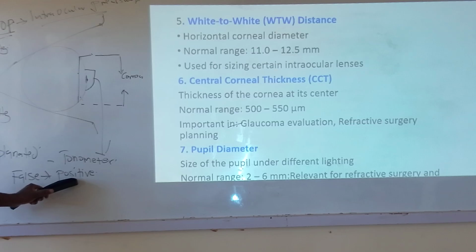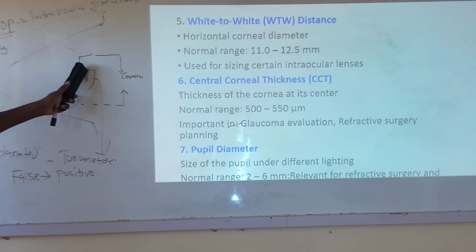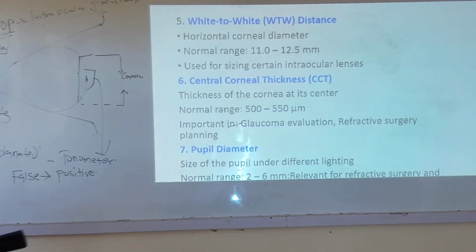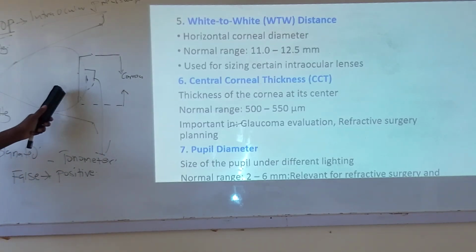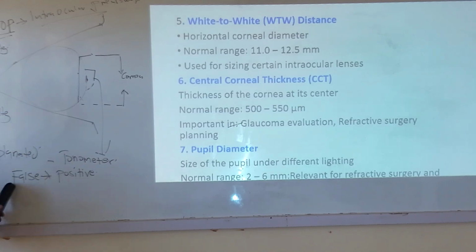You have 22, but because your cornea is thin, the tonometer faces very little resistance. Therefore, it reads your pressure as 20, indicating that it is within the normal range. It's a positive, but a false one. That's why we are saying false positive.